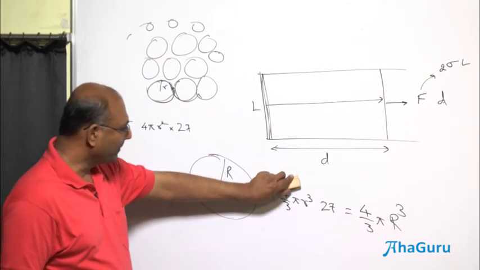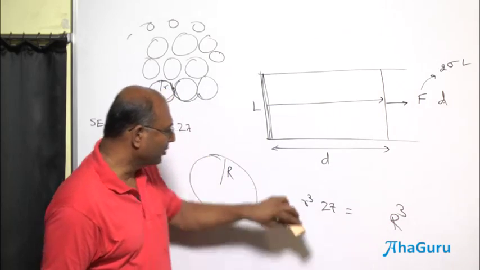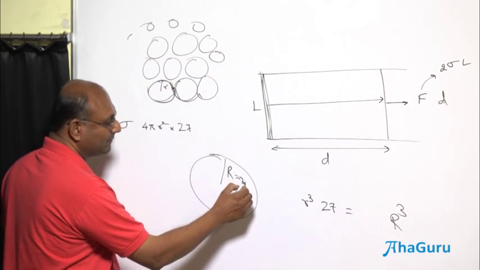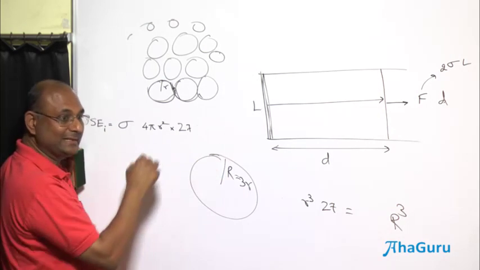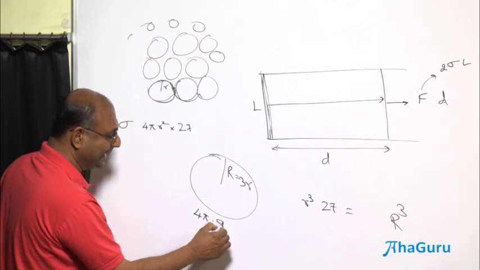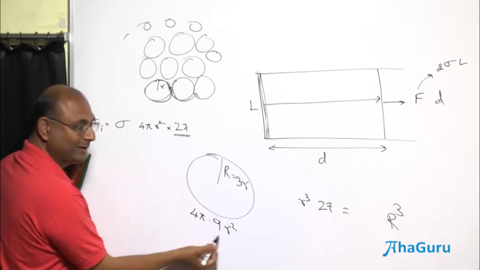So 4 by 3 pi gets cancelled out. Because the volume goes as R cube, you can see that capital R is 3r, which means the surface area is 4 pi into 3r square, which is 9r square. Can you see that this is 27r square and this is only 9r square.